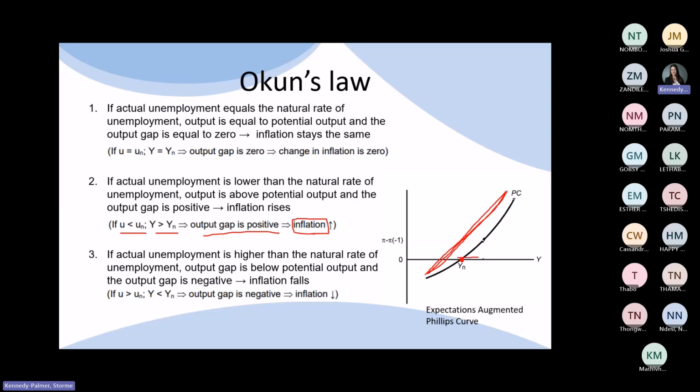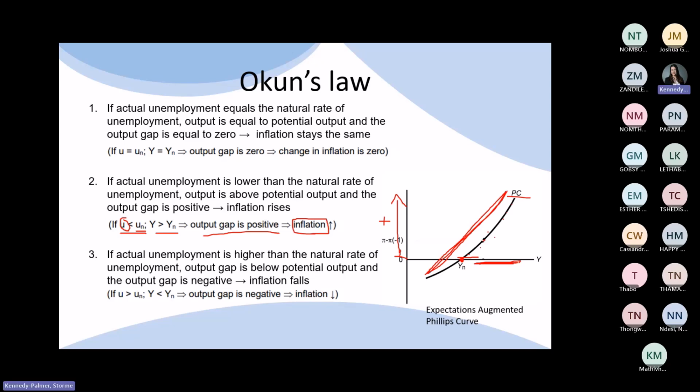It could be anywhere along this point. The actual level of output and income is above the natural level, which means that the actual unemployment rate is below the natural unemployment rate, and inflation is increasing because the change in inflation is positive. From any point here upwards, the change in inflation is positive, meaning that inflation is increasing.